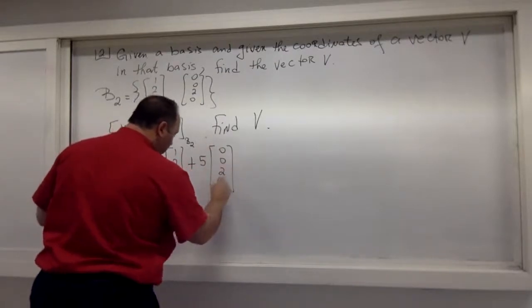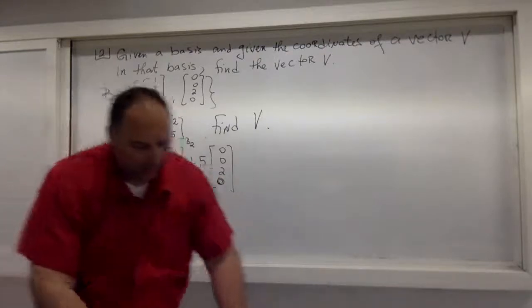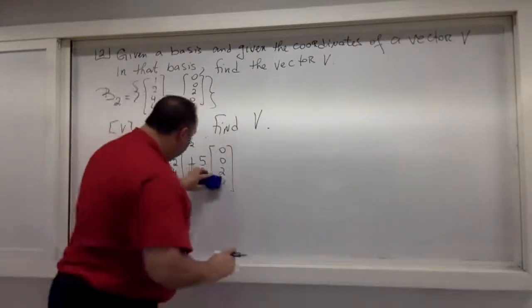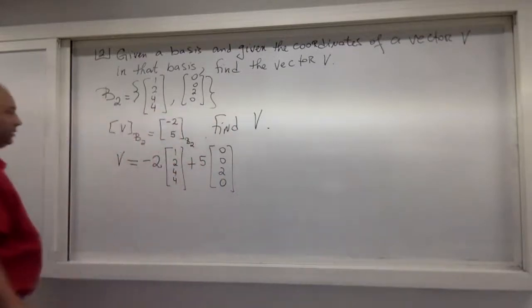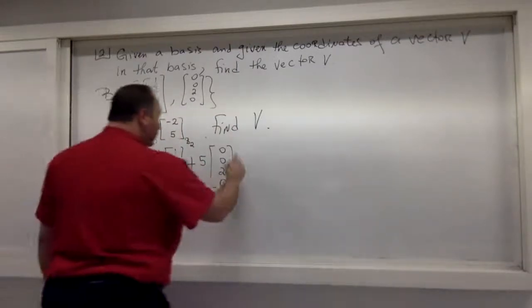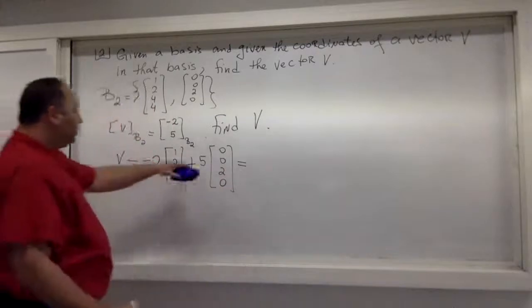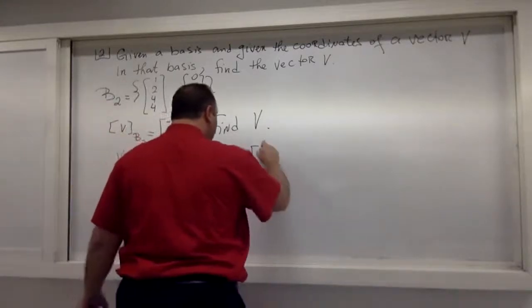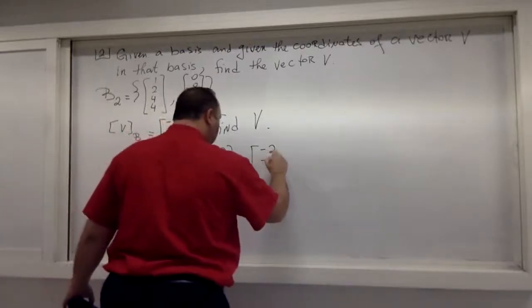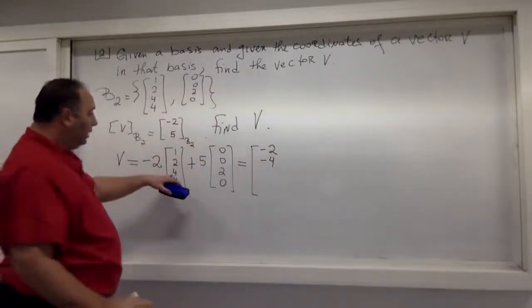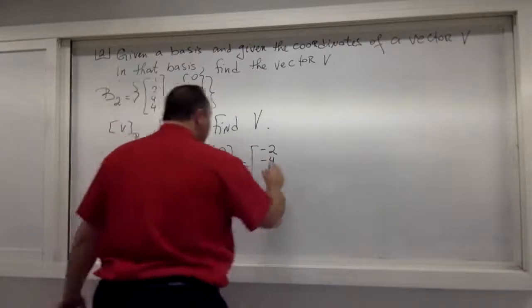Okay, so this is 0. To be cute, we are on TV. All you need to do is compute now. So -2 plus 0 is -2, and -4 plus 0 is -4, and -8 plus 10, that's 2.